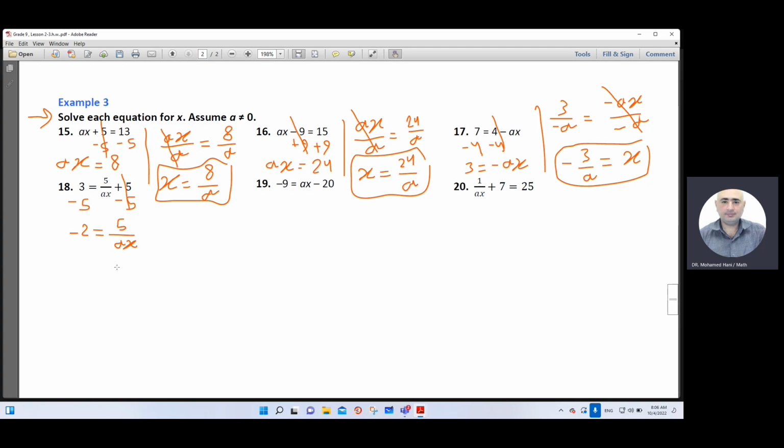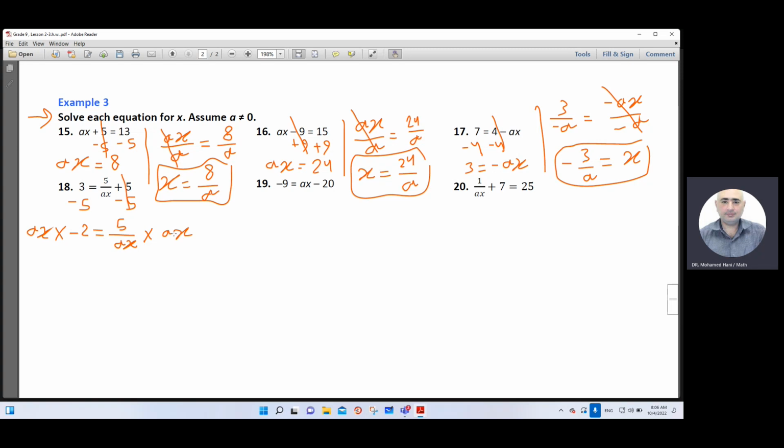Then we want to remove ax from the denominator to be in the numerator. How? What is the operation between the number and the variables here? Divide. So take the opposite, multiply. So you can multiply the two sides by ax, here by ax and here by ax.